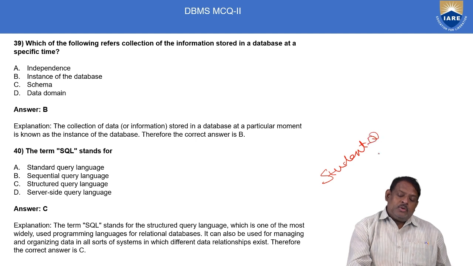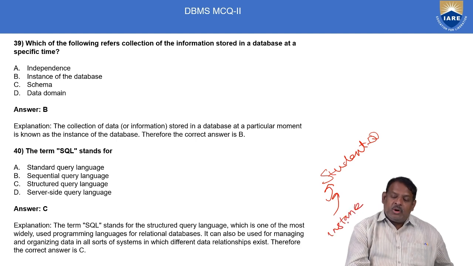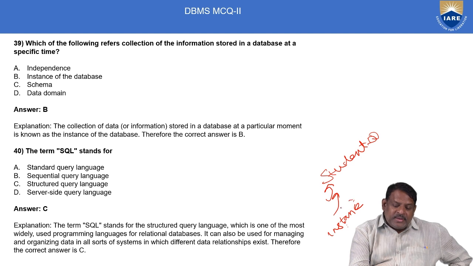You use your studio or your program to connect to this database. Now you have an instance of this database. Though you're connected to the server, you're working on an instance of the server. So the collection of information stored in the database at a particular time is the instance.